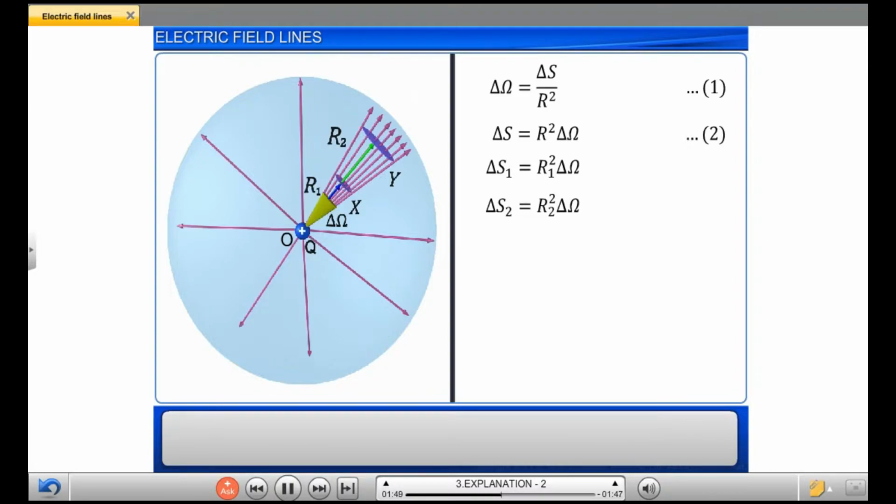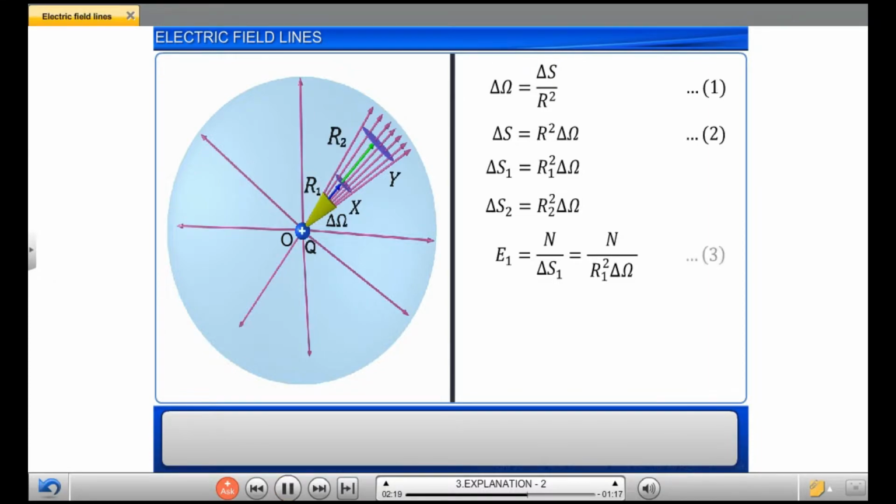The number of field lines passing normal to a unit area is equal to the electric field strength E. Therefore, the electric field strength E1 at X will be equal to the number of field lines per unit area at X, which is equal to n by delta S1, or n by r1 square into delta omega, using the value of delta S1.